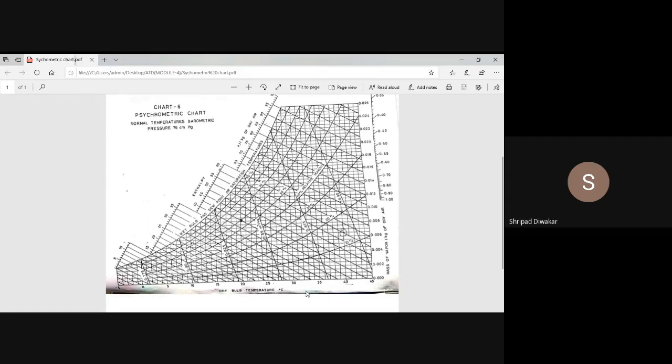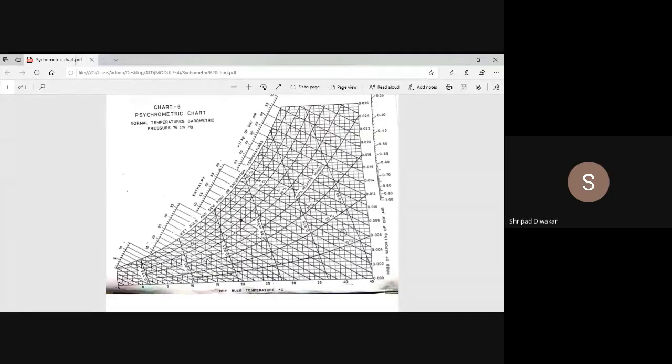Relative humidity lines and specific volume lines also pass through. These are the 6 lines that come into the picture: DBT, WBT, specific humidity, relative humidity, specific volume, and enthalpy.